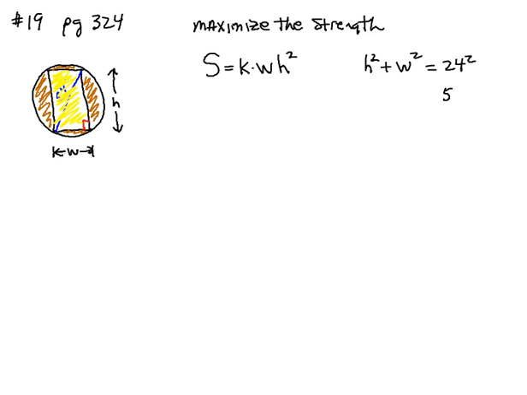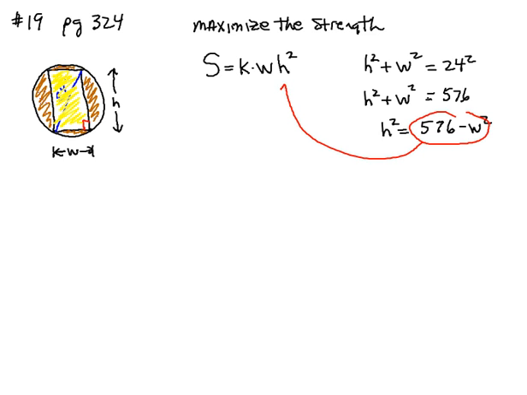Now which would be better? To solve for h in terms of w or w in terms of h? Actually, in that equation, there's an h squared. So if I solve for h squared in terms of w, then I can get rid of that h squared.